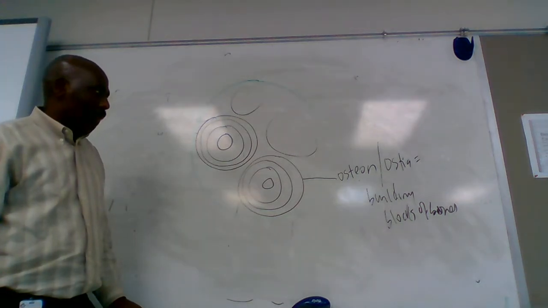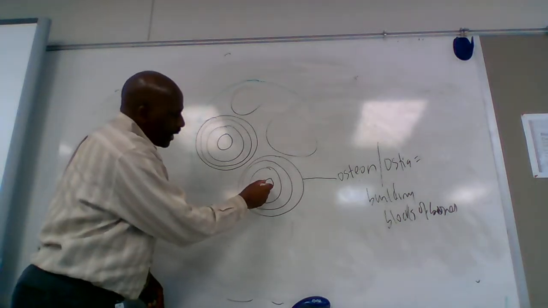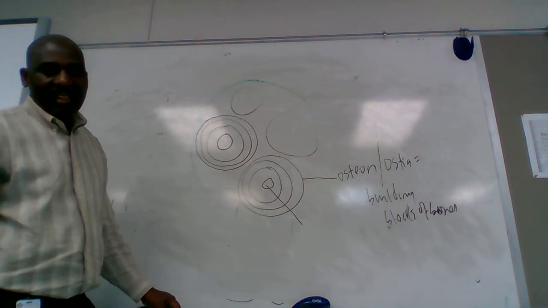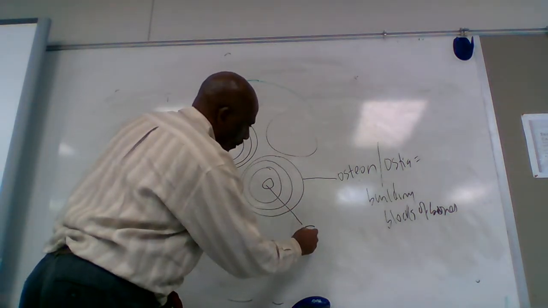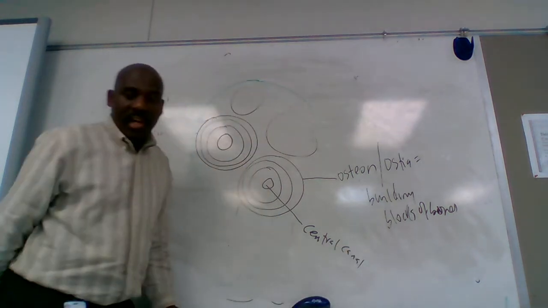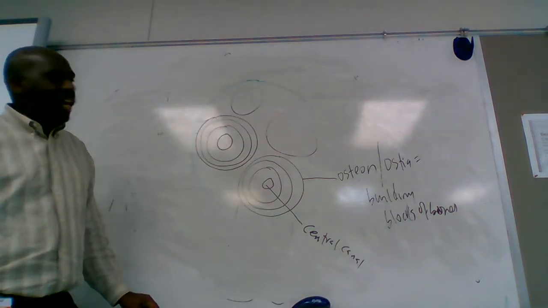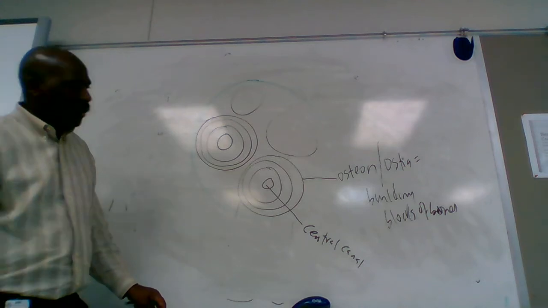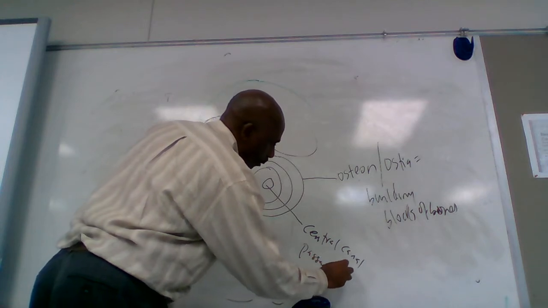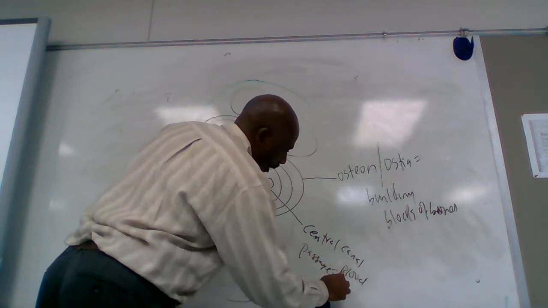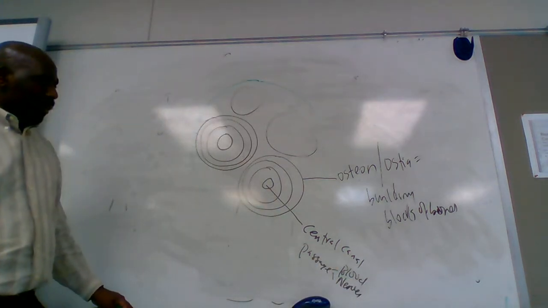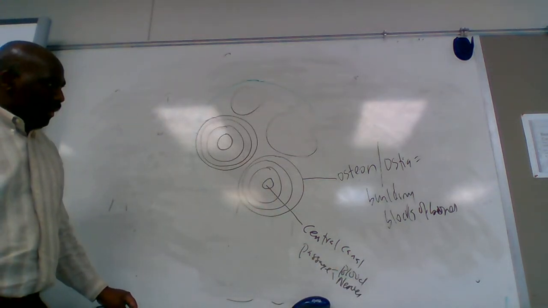Then somewhere right in the middle here, you're going to see the central canal. The central canal is used as a passageway for blood vessels and nerves.